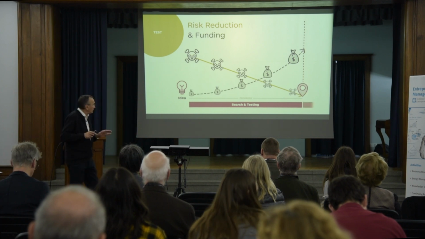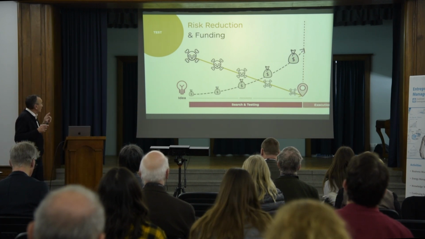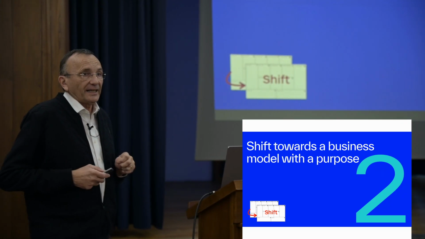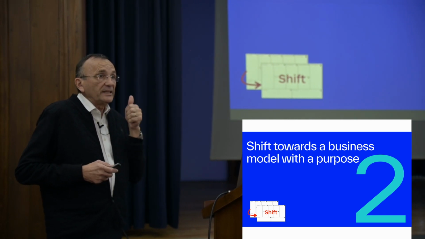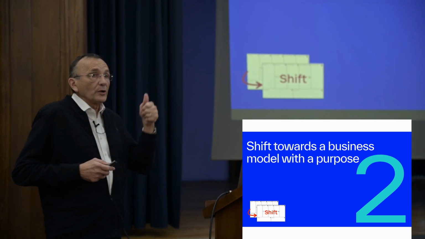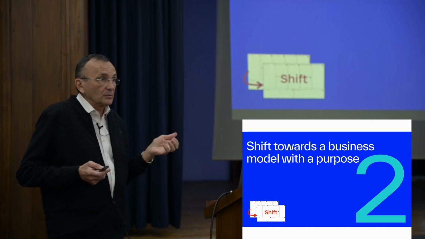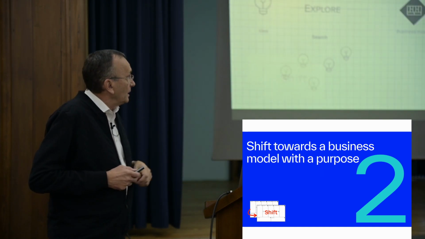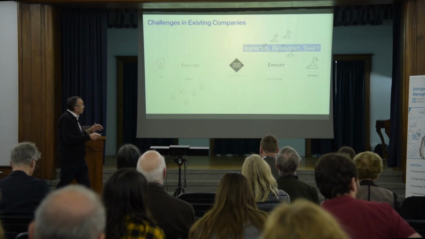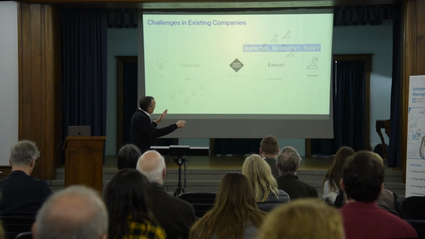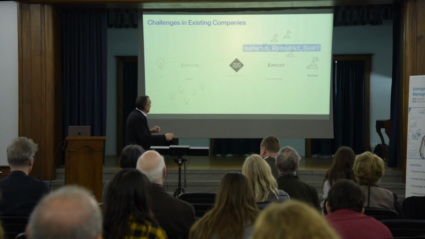That's the idea. I will not go further today because I would also like to deal with the idea of an existing company that decides to shift towards a business model with a purpose, with impact. So we know that it's on this side, meaning improving, reinventing, shifting.